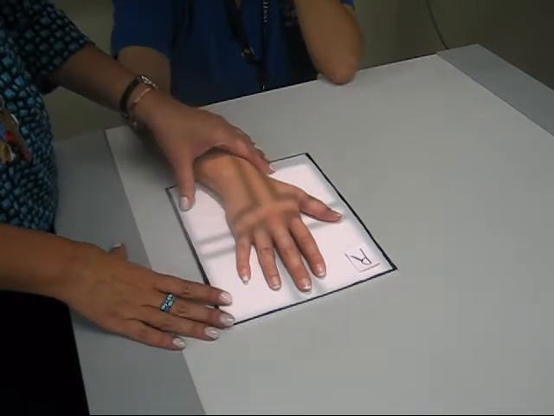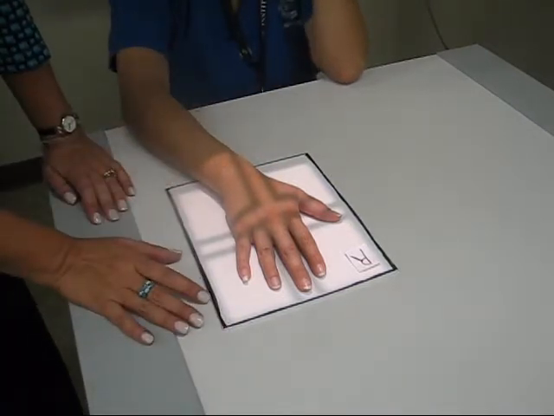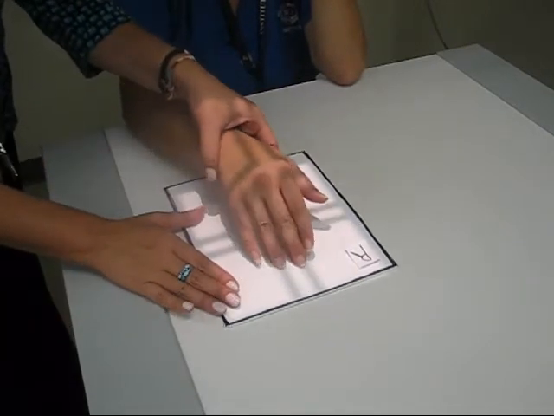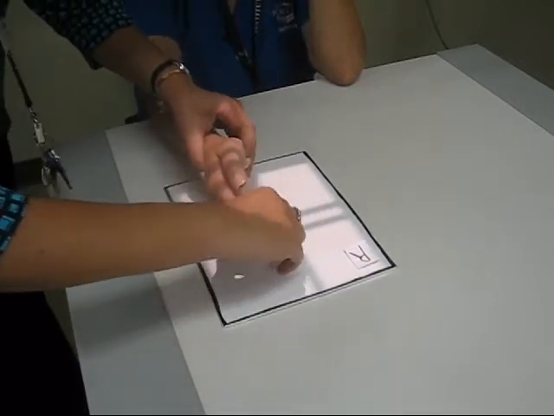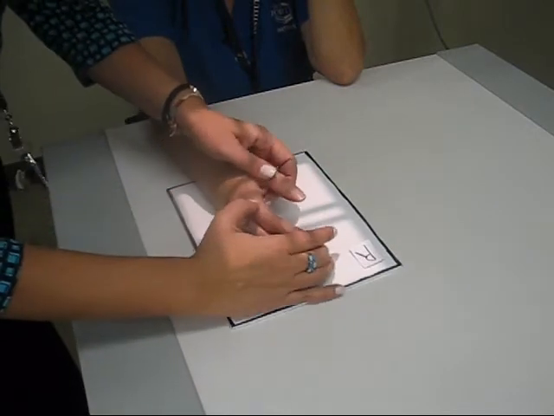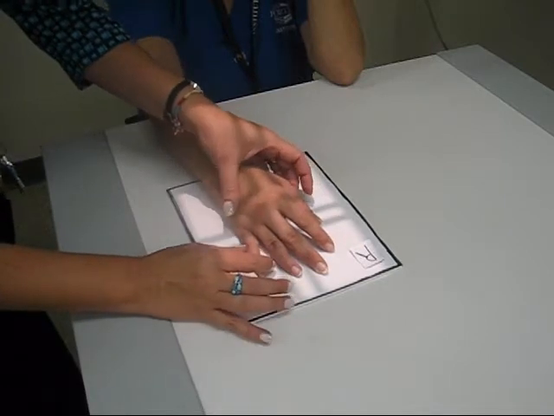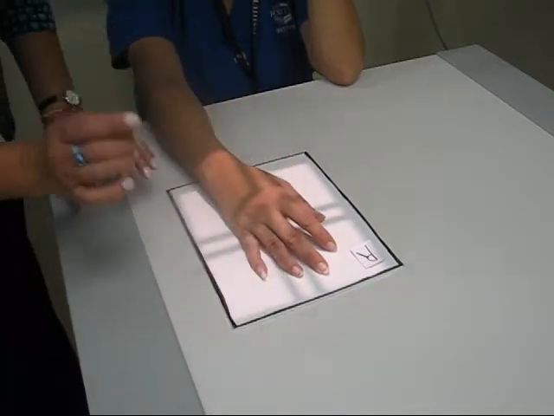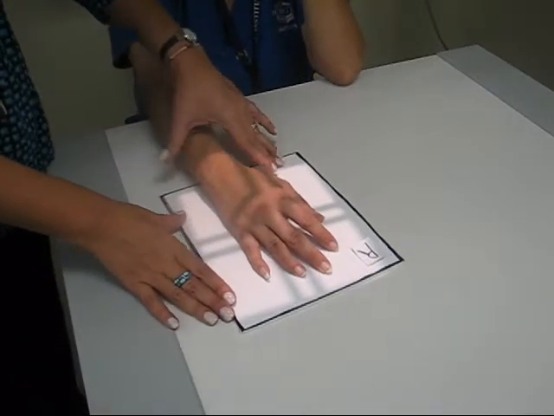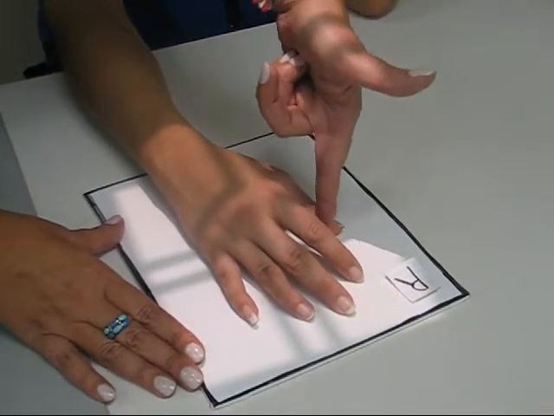For an oblique projection of the entire hand, you can do it in two ways. You can have your patient put their hand on the side like this, and then just relax the fingers and let them fall until they touch the cassette, and help them spread their fingers along. Central ray is still in the same spot. You want the hand at about 45 degrees, so this angle here will be at 45 degrees with the cassette.